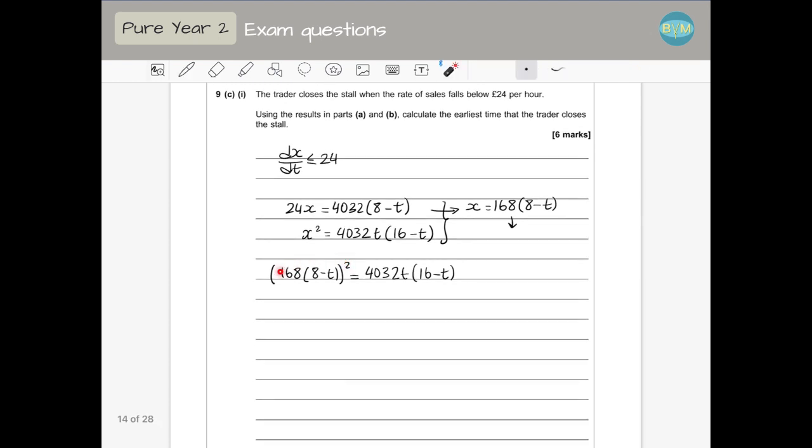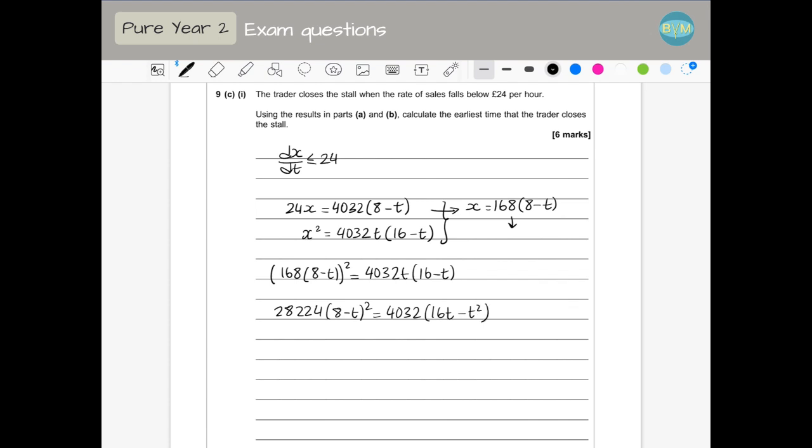If I square this bracket, I have this one squared and the bracket squared. 168 squared is 28,224, then (8 minus t) squared, equals 4032 times 16t minus t squared.